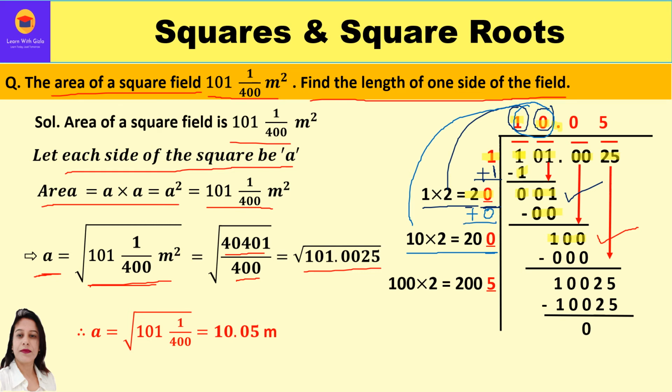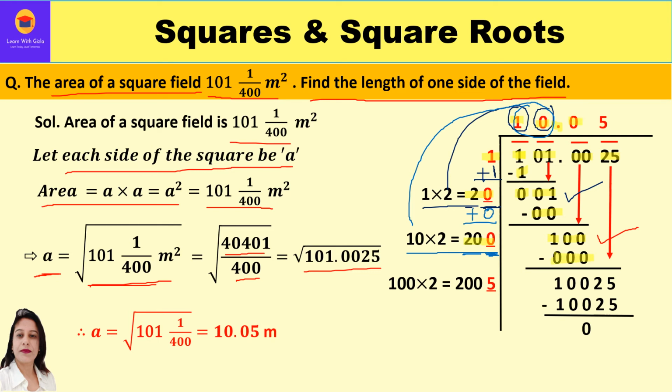So 20 plus 0 is 20. Now we have to keep a number over here, so that when we multiply by the same number, we get a product which is equal to or less than 100. So clearly we can keep 0 over here, because when we keep 0, 200 into 0, we will get 0.